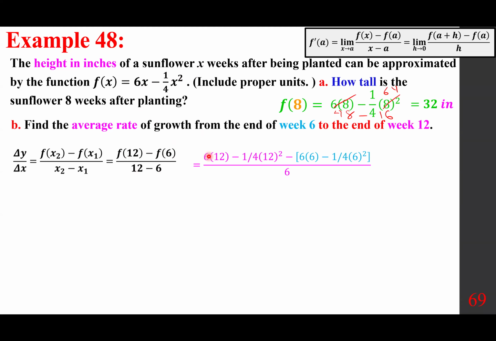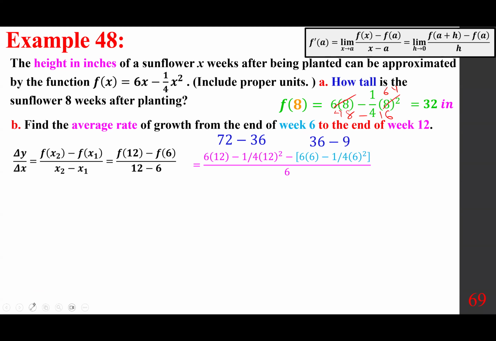6 times 12 is 72. 12 squared is 144, and 1/4 of it is 36, so 72 minus 36. 6 times 6 is 36. 6 squared is also 36, 1/4 of it is 9, so 36 minus 9.